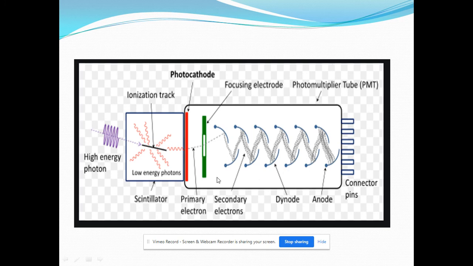After this, the ejected electron is focused towards the dynode through the focusing electrode. These dynodes provide a high voltage of 1000 volts. The electron gets accelerated; if the first dynode releases 5 electrons, then the second dynode releases 25 electrons, and so on.